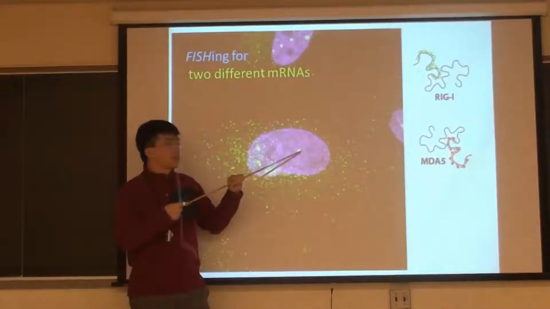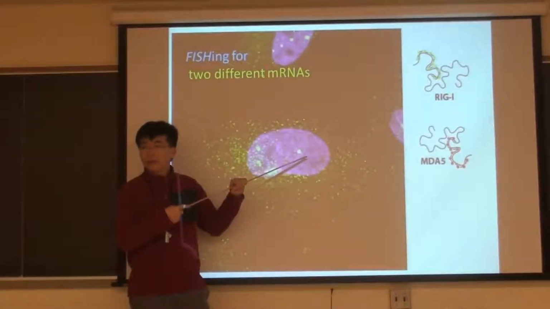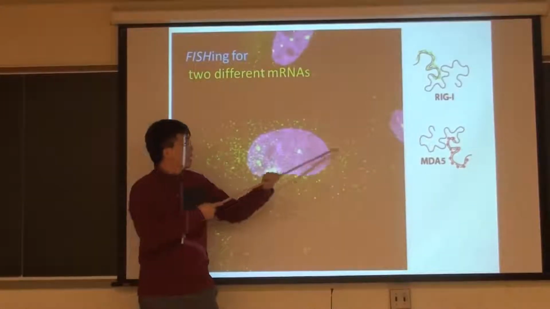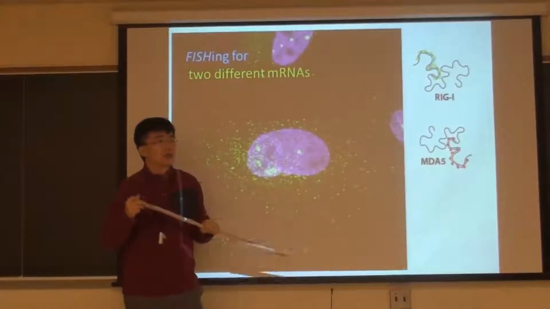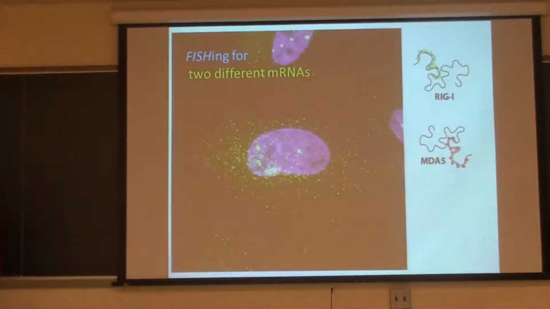So this is a nascent transcription site. There are probably like 20 or 30 RNA molecules there. That's why it's displayed. And eventually they will be able to export it out, from the nucleus to the cytoplasm. Questions?